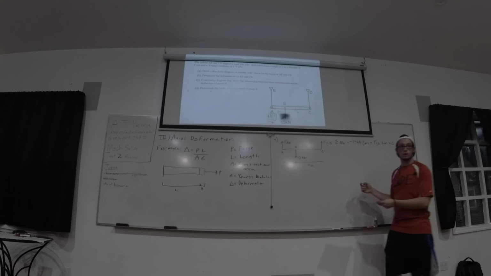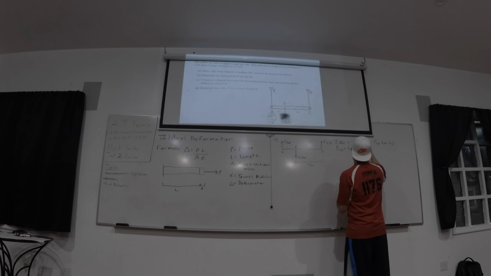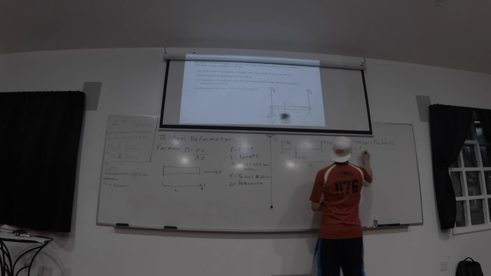Solve for force in cable CD, which gives you 5 kilonewtons. It was positive 5 kilonewtons since I was drawing it up, so it's 5 kilonewtons up. So that's your first force.